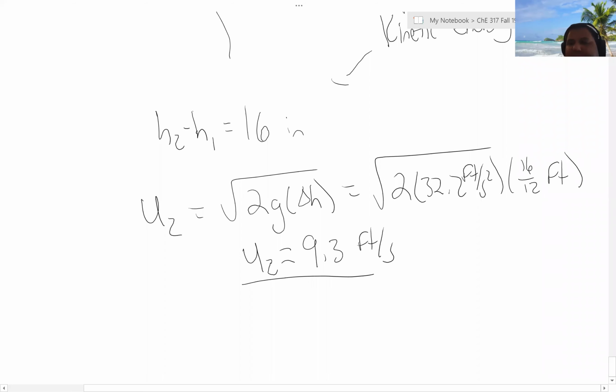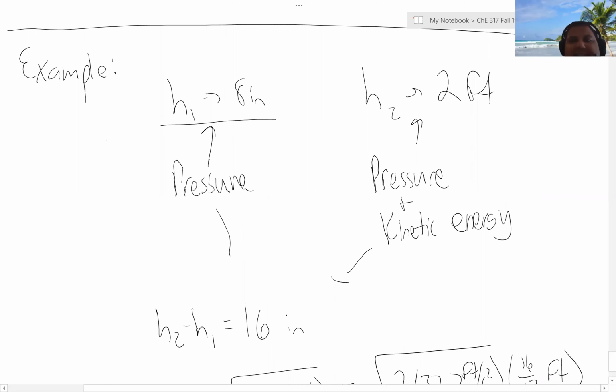And so you could come to that same conclusion doing all the balances, but just applying the principle, noting that the static tube's going to show you height as a function of pressure energy. The second Pitot tube is going to show you both pressure energy as well as kinetic. So the difference just simply tells you what the kinetic energy will be.